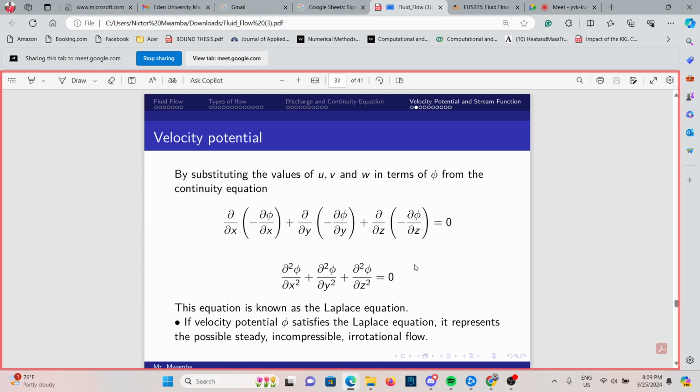This is known as the famous Laplace equation. With the Laplace equation, we can determine whether the fluid is incompressible, and even the possibility of the fluid flow, because this is actually the continuity equation for an incompressible fluid, and it satisfies the continuity equation.